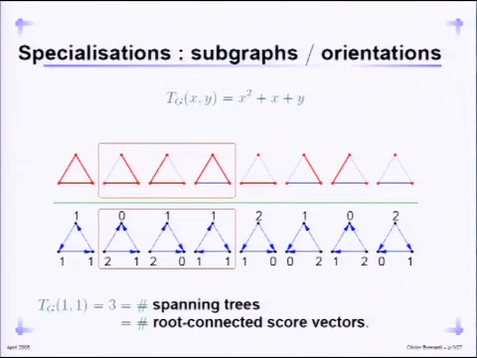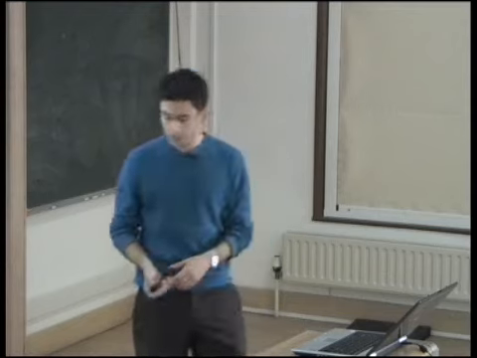Given the score vector, there's a unique way of telling. So you can tell from the score vector if one vertex can reach another. You don't have to look at the precise orientation. The reachability does not depend on the precise orientation.